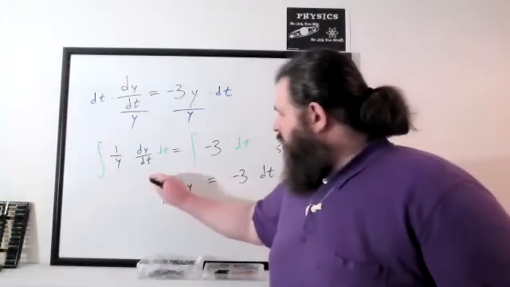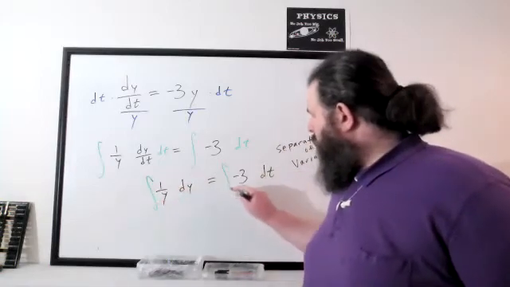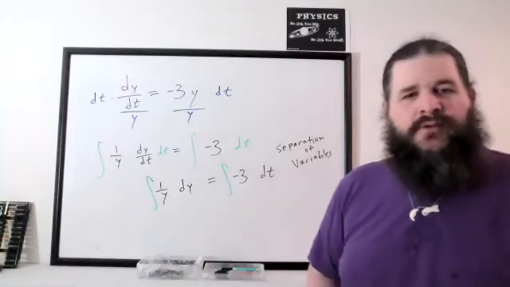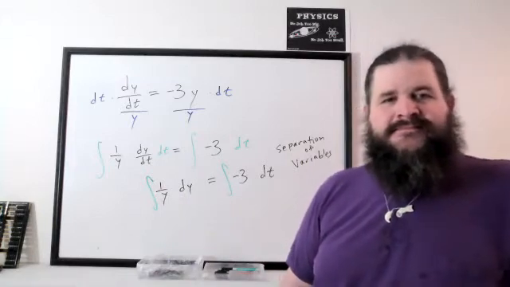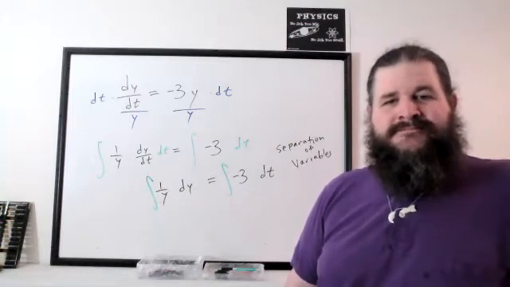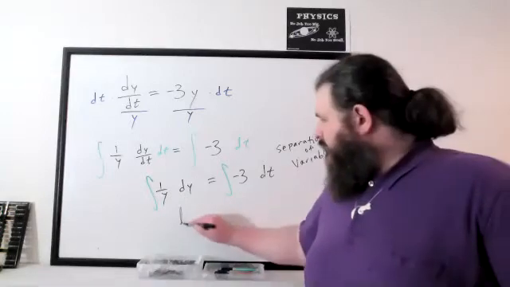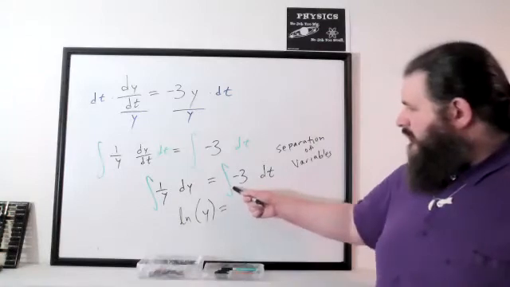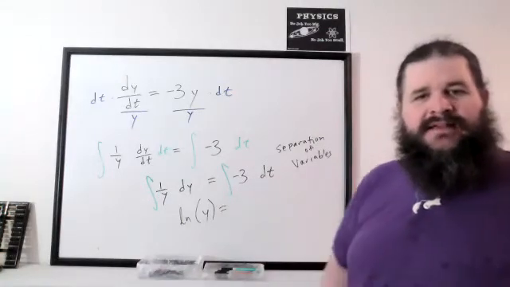Apply an integral sign to both sides. And what's the integral of 1 over y with respect to y? Yeah, we get the natural logarithm of y. And on the other side, what's the integral of -3 with respect to t?